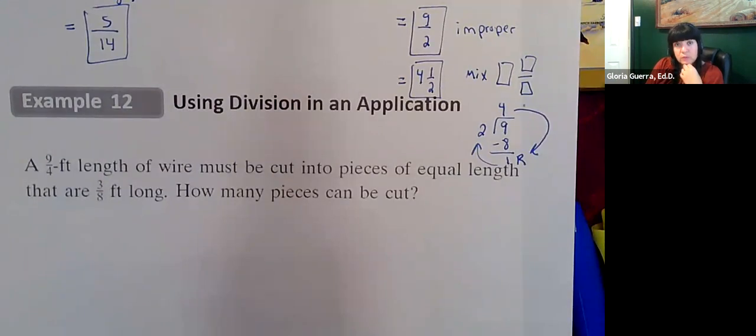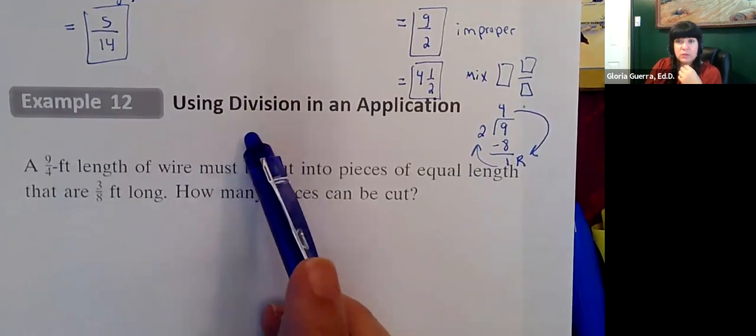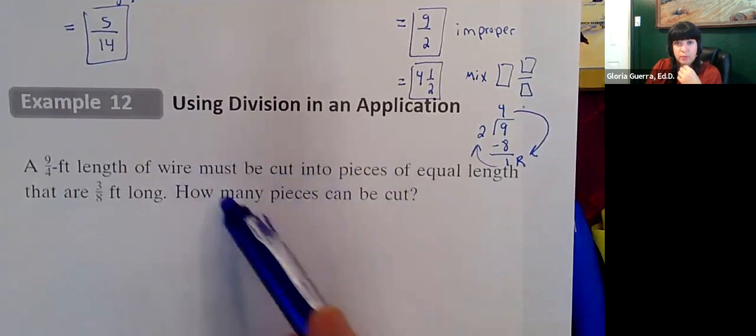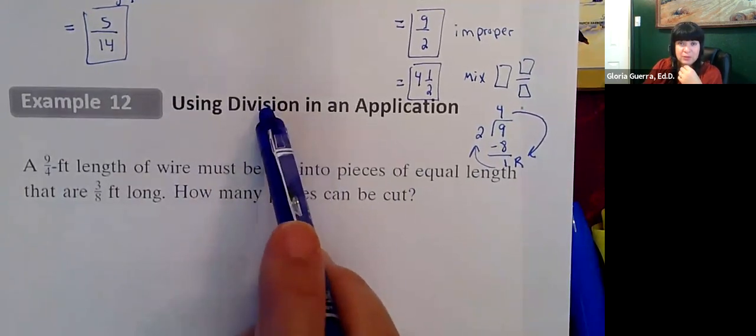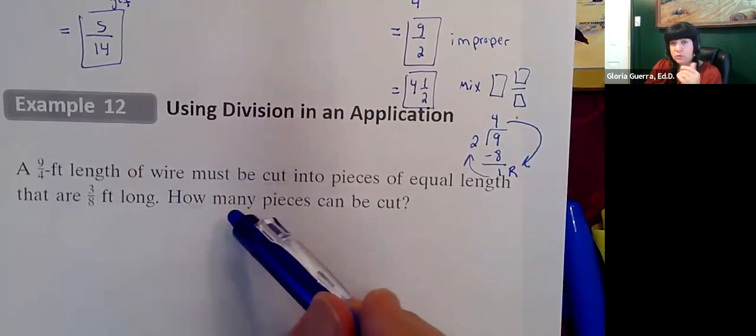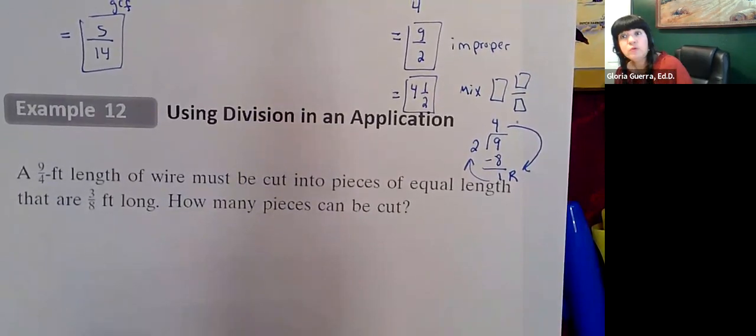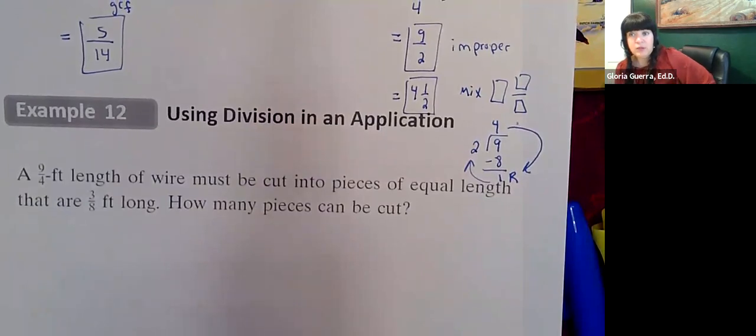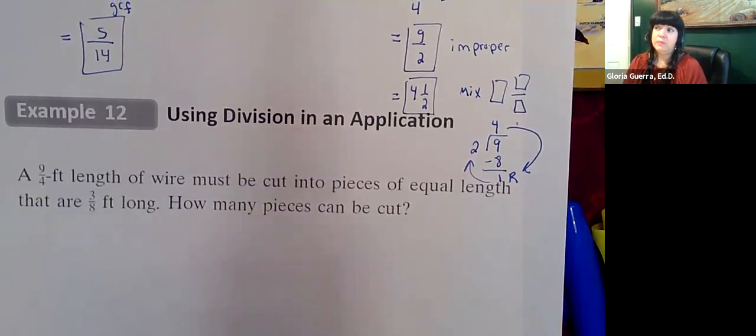Here, the title is helpful, because it's an application, a story problem, and they're giving you a hint. They're going to tell you you're going to use division. Usually when you read these problems, you're not sure whether you have to multiply or divide.